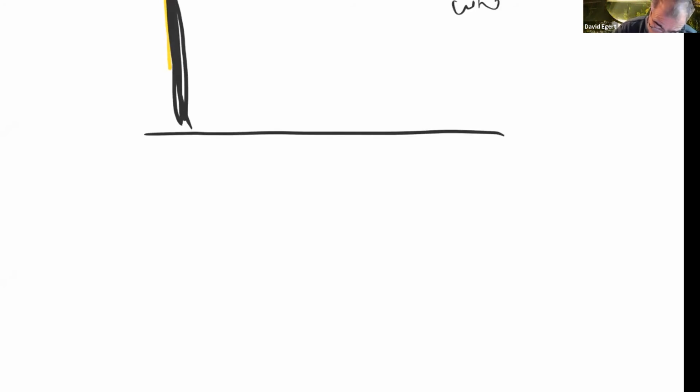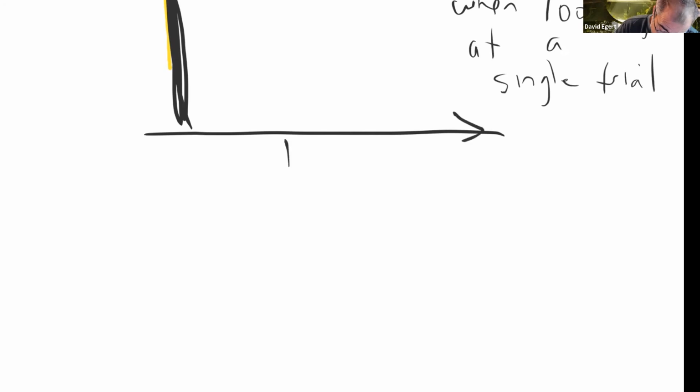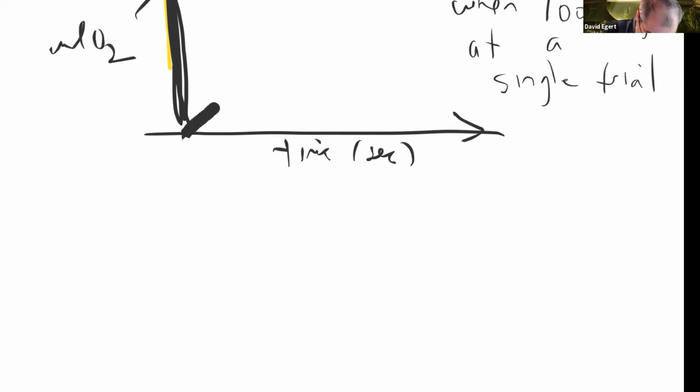So just to reiterate, when you're looking at a single trial, and you're looking at time in seconds versus mils of oxygen, which is the one you're going to need to do for each of these slope calculations, it's going to go up and eventually it's going to flatten out.